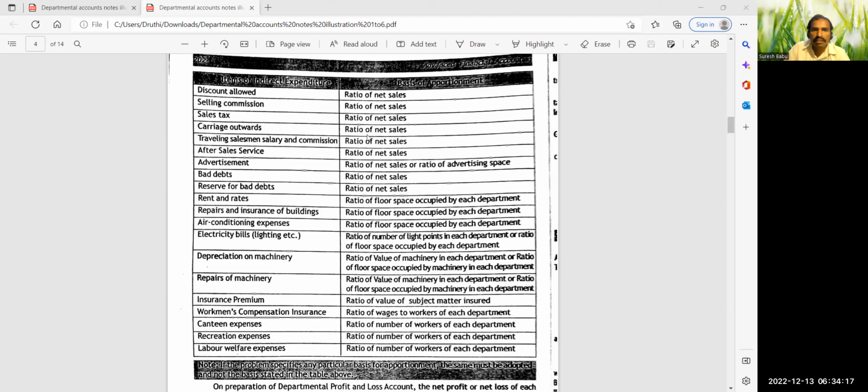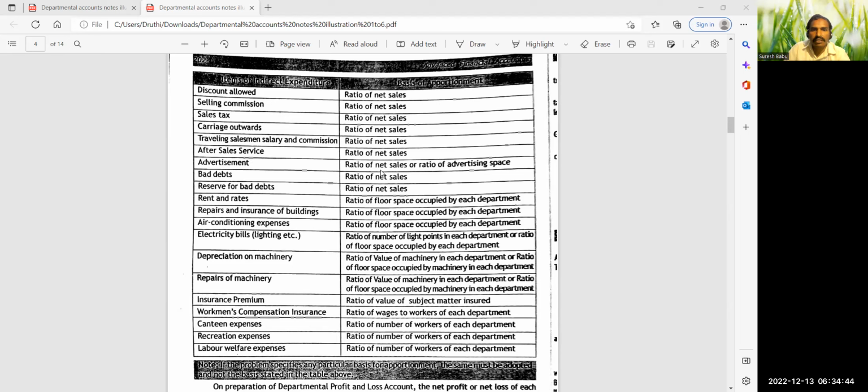Till these, there is the same ratio of net sales of each department. So department-wise, you would prepare two ratios. One is net purchase ratio and the other one is net sales ratio. In the net sales ratio, discount allowed, selling commission, sales tax, carriage outwards, traveling salesman salary and commission, after sales service would be apportioned.